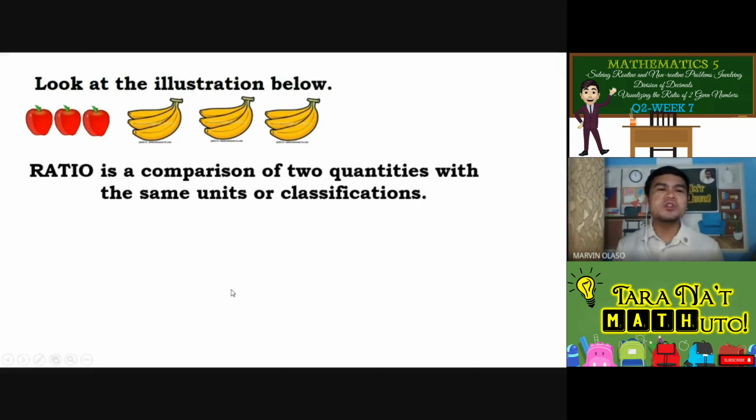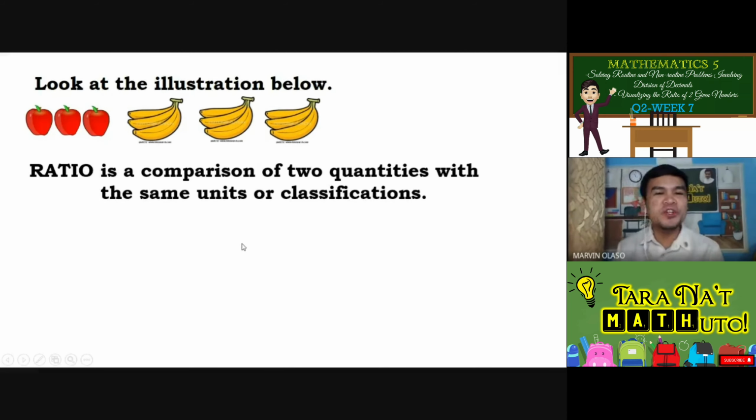Sir, you said same. Are they the same? They are different. They differ in their names, but they are classified as one. They are classified as fruit. That is why they still belong together. They have the same classification.